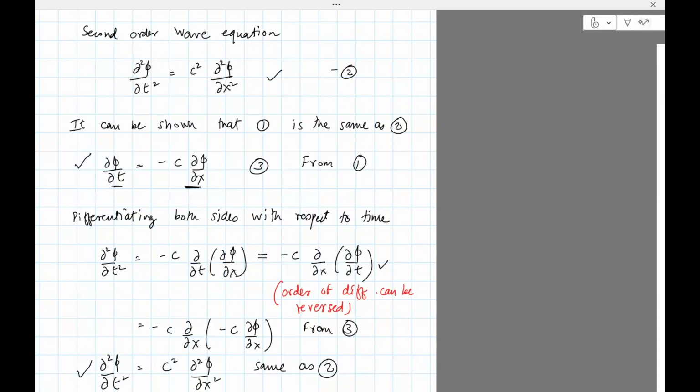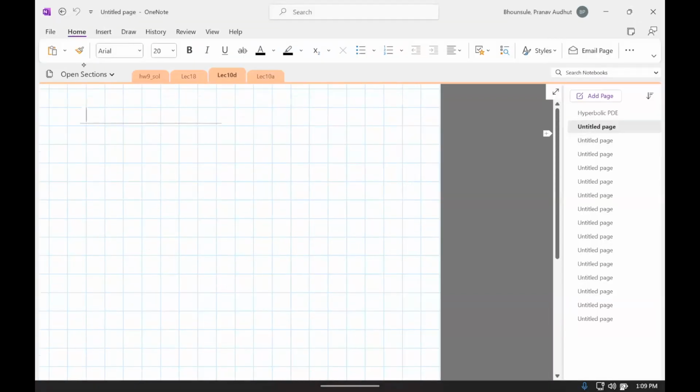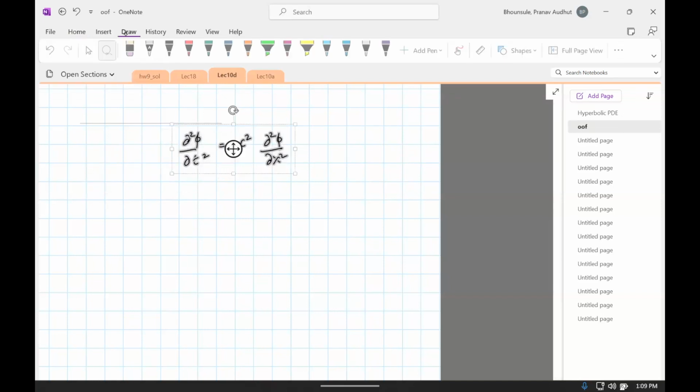Okay. Now, before we solve it, let's just see what are the conditions we need in order to solve it. So it's a second order equation in time and second order in x. So it clearly needs 4 conditions. 2 of those conditions should be on time and 2 of those conditions should be on x.